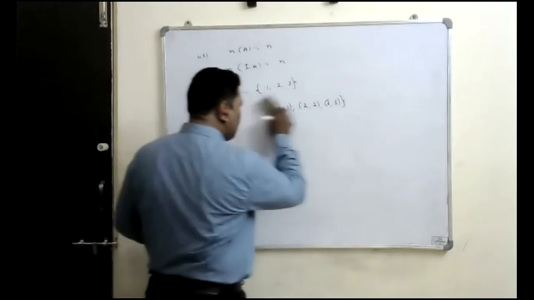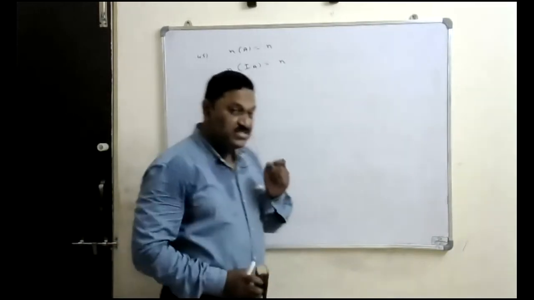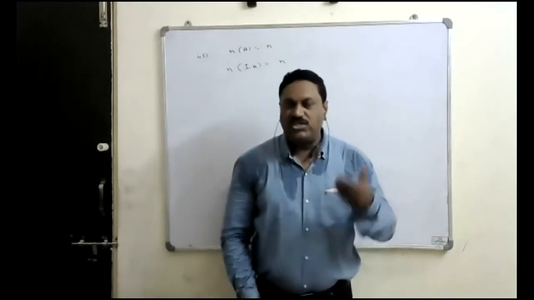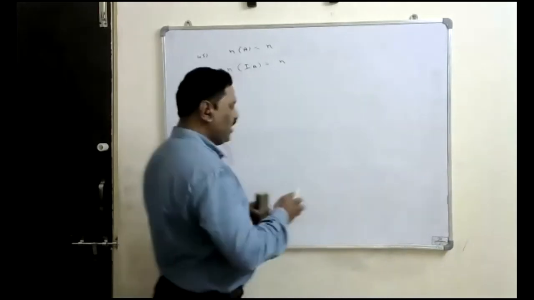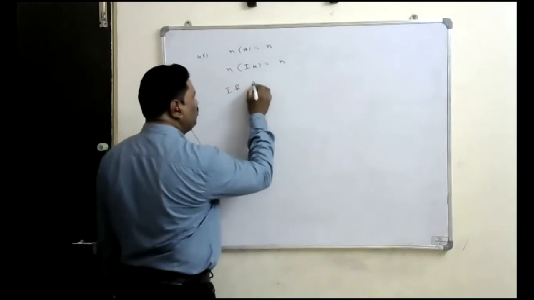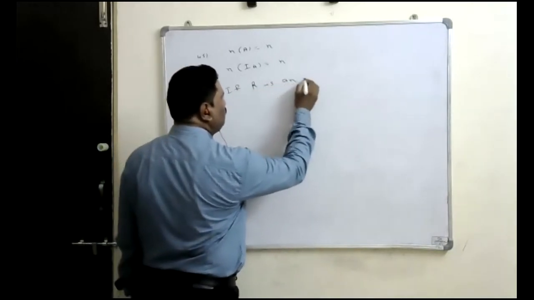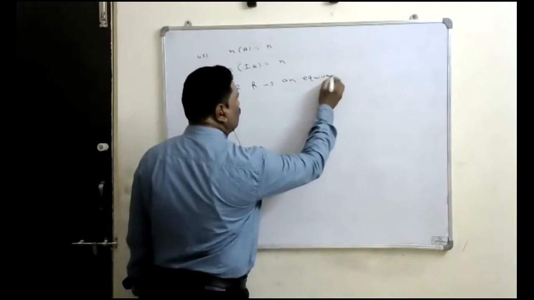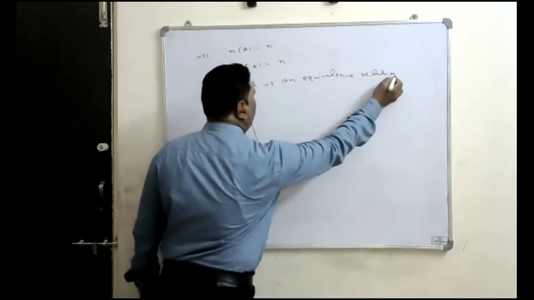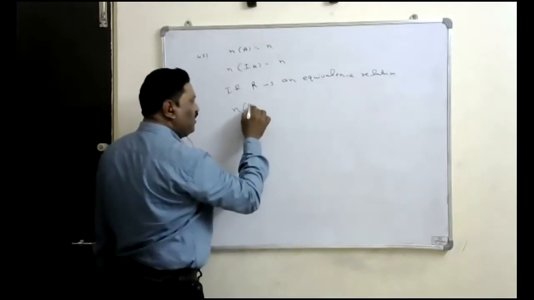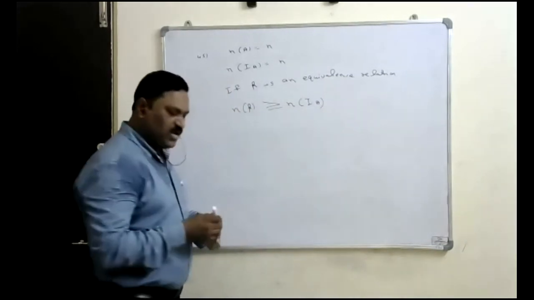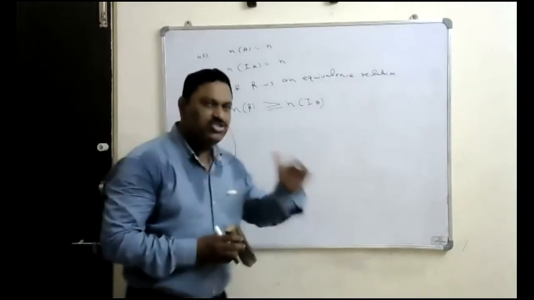This identity relation is the smallest equivalence relation, and the universal relation is the biggest equivalence relation. So if R is an equivalence relation, then the number of ordered pairs, that is n(R), is always greater than or equal to the number of ordered pairs in the identity relation, because the identity relation itself is the smallest equivalence relation.